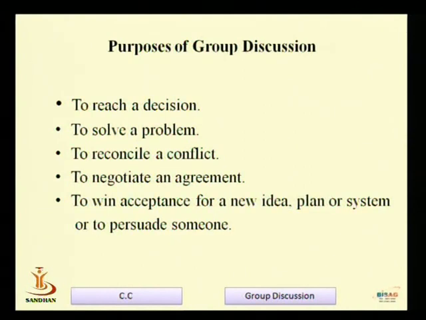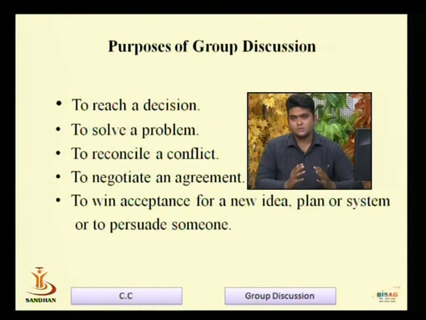Another thing is to negotiate an agreement. Now students, as far as the commercial or organizational communication is concerned, there are a lot of agreements. Now there might be some norms of the agreement or some points of the agreement that you don't agree with. So you can negotiate by having group discussions.